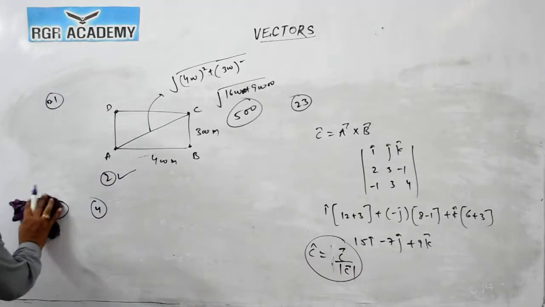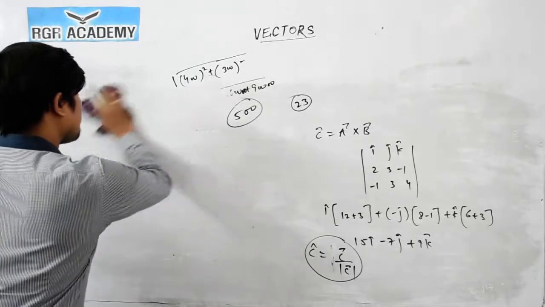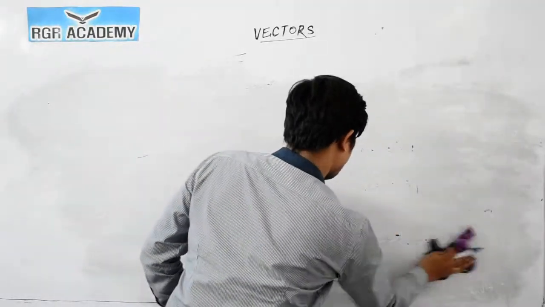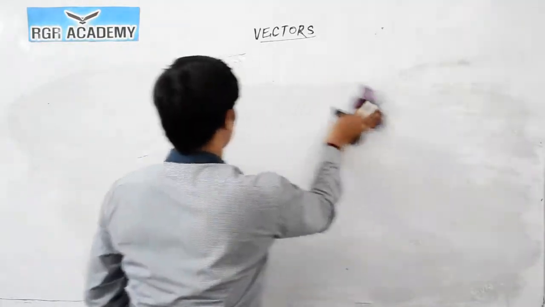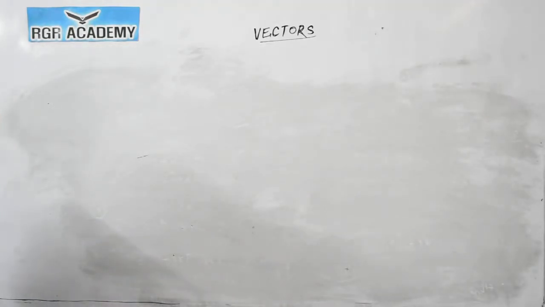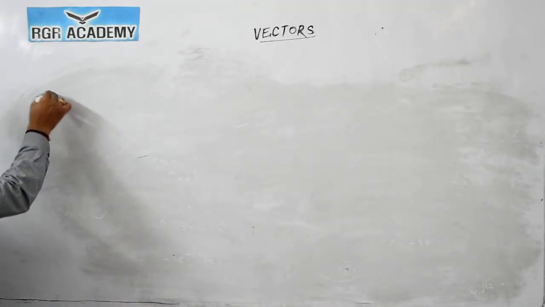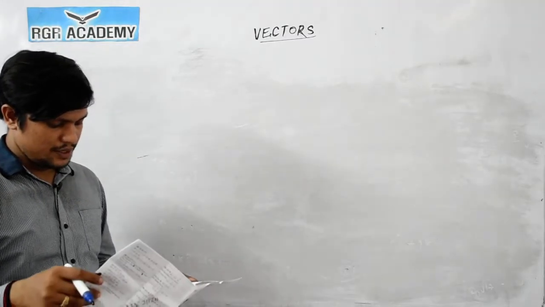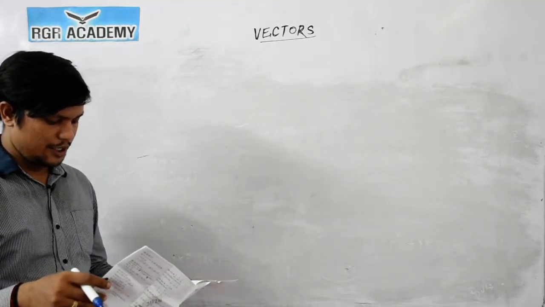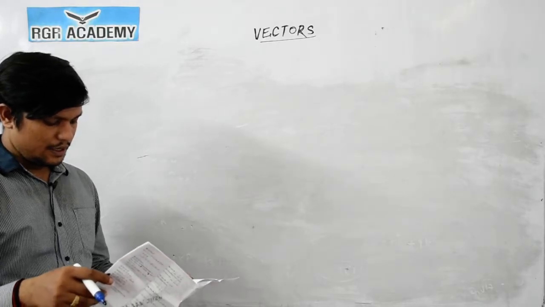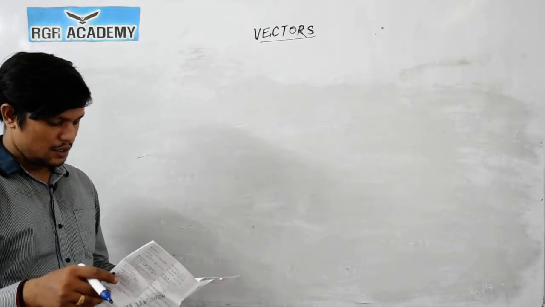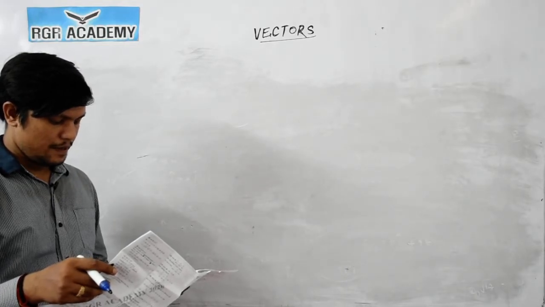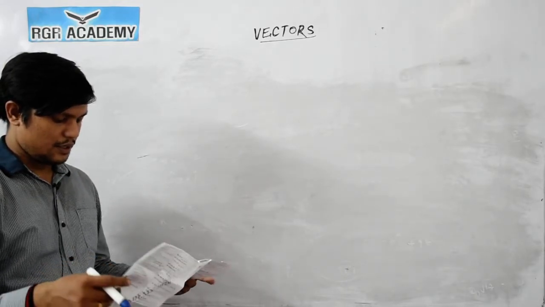Now question number 24 we will discuss. In question number 24, a car travels 6 kilometer towards north at an angle of 45 degree to the east, and then travels 4 kilometer towards north at an angle of 135 degree to east.